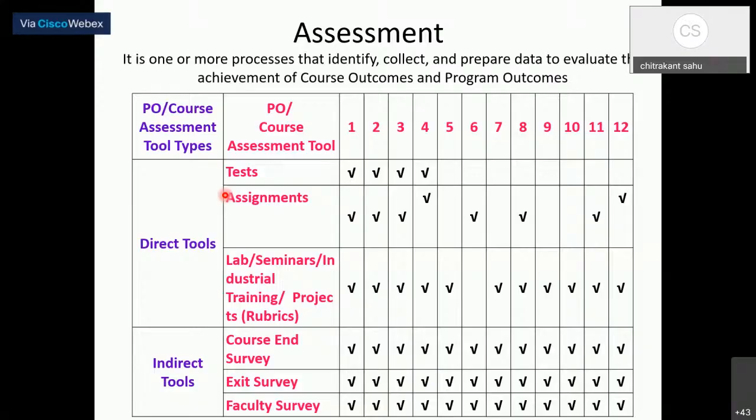Our course outcomes may have direct tools or indirect tools, right? So what are the assessment methods? They are tests, assignments, seminars, trainings, projects, internships, course end survey, exit survey, faculty survey, and maybe an employer survey not listed here, and alumni survey. So these are the different techniques.